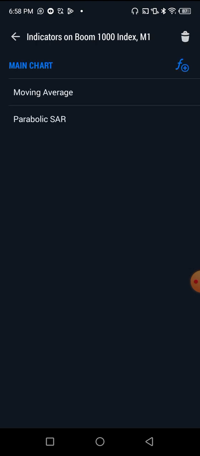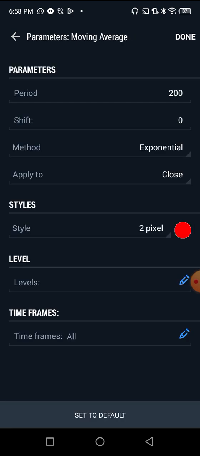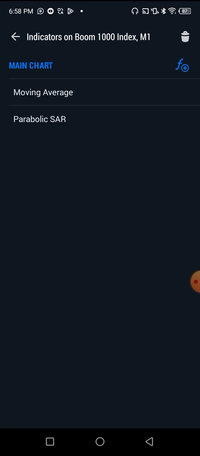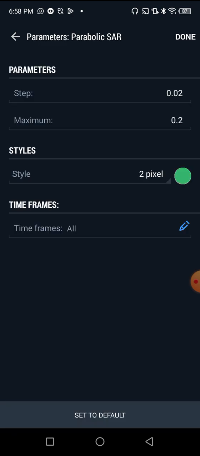Guys, so here are the indicators. On our main window we have moving average 200, shift 0, exponential, close, 2 pixel, any color of your choice guys. You click done. Then the next indicator used here is the parabolic SAR.